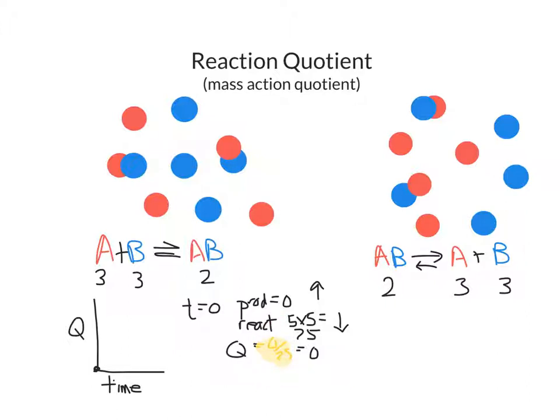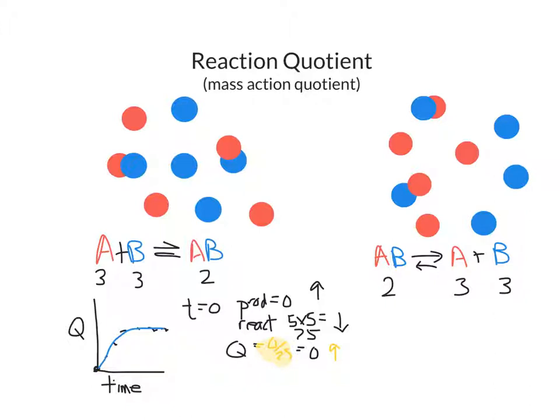And so we end up increasing this ratio in time until we reach a point where we have the equilibrium amounts of reactants and products. So we have 2 AB, 3 A, and 3 B, and at that point, their concentrations don't change, and so the ratio doesn't change. And so in time, we see that this Q value goes from 0 to a constant value when the reaction reaches equilibrium.